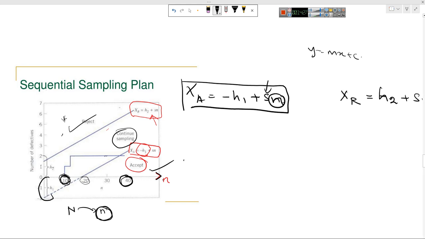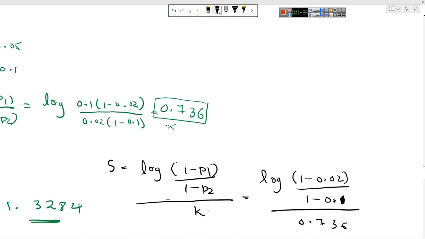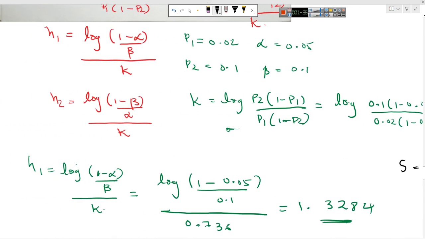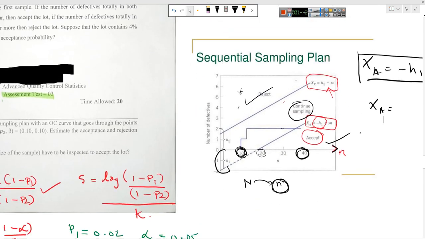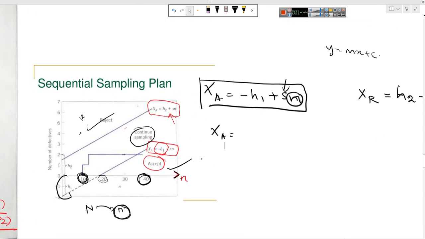Now we will see XA is equal to minus H1. We have already found H1, right? H is equal to 1.3284.